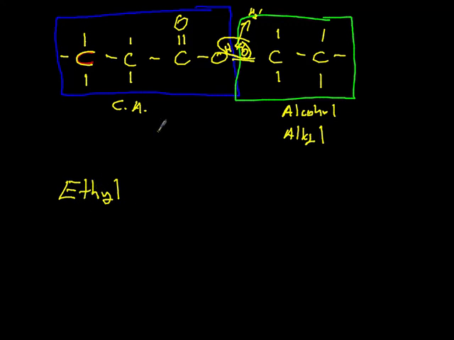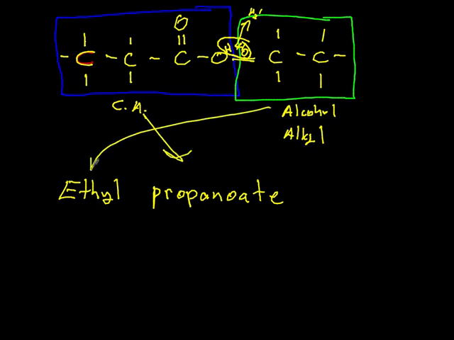The carboxylic acid was a 3-carbon carboxylic acid, so it was propanoic acid, but the oic becomes oate, so it's propanoate. So this is ethyl propanoate, and that name came from there.